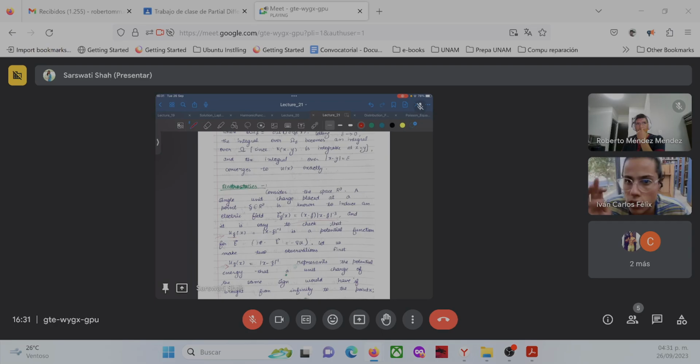Is it? Yes. Even I am confused with the symbol, just let me check. Yeah, because E is conservative, the electric field comes from a potential.